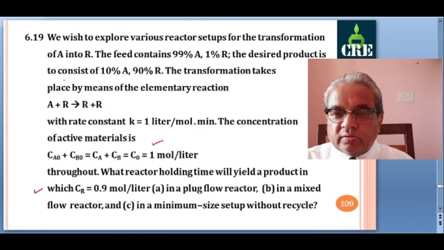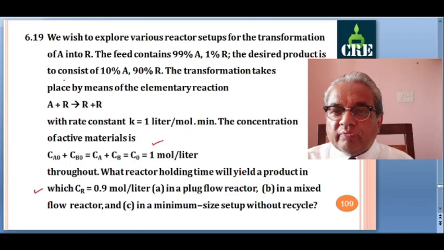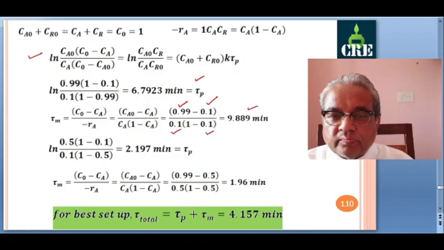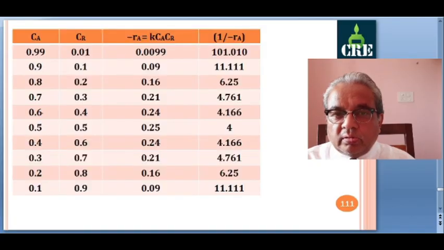The final Ca desired, you know, is 10%, so that means 0.1. And you start with 99% of it, that means 0.99. Now we look at this data, Ca and Cr.